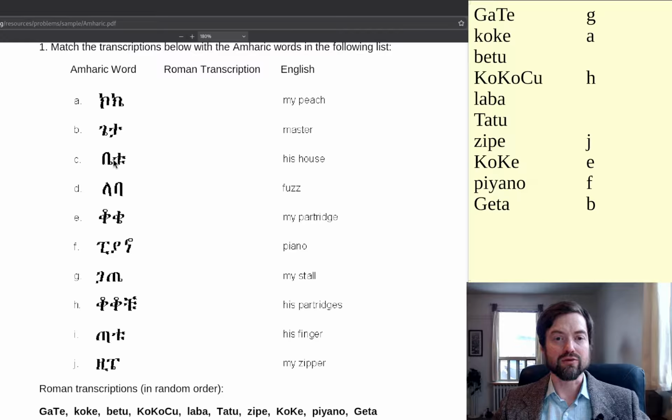Okay, look at this. So there's tattoo, betu. There's two other words that have a T in the second symbol. And now, which one's which? Well, look at that little circle again. If we take that circle to be the A vowel, then that matches with betu.